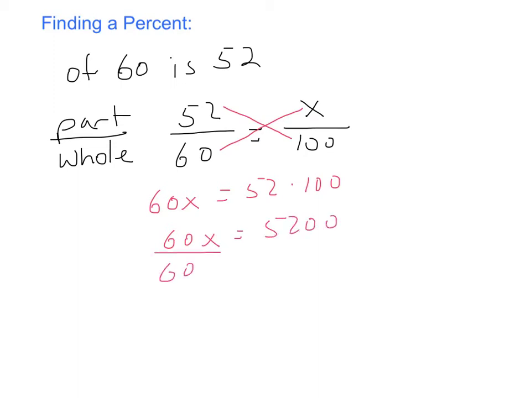Divide both sides by 60, and x is equal to 86.6 repeating. And since it's repeating, I want to round to the nearest tenth of a percent. So it's going to come out to 86.7%.